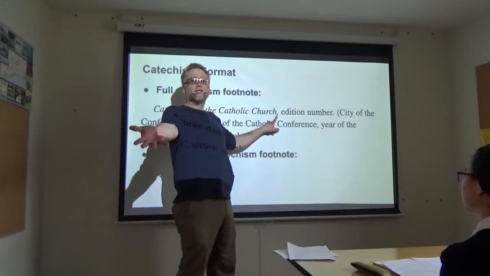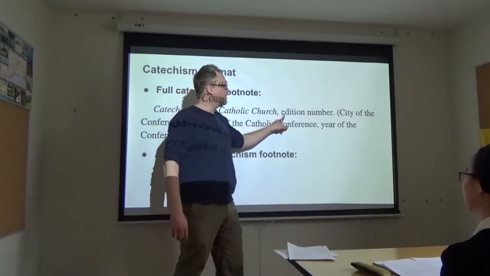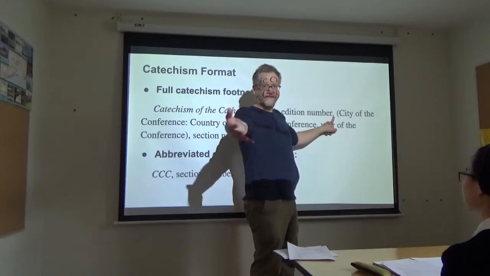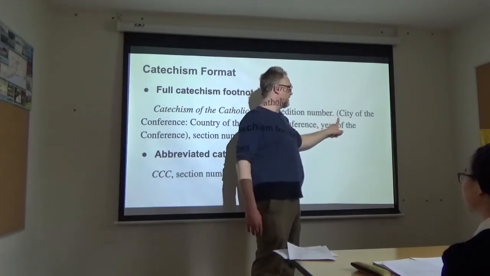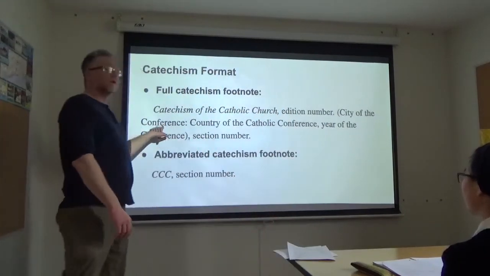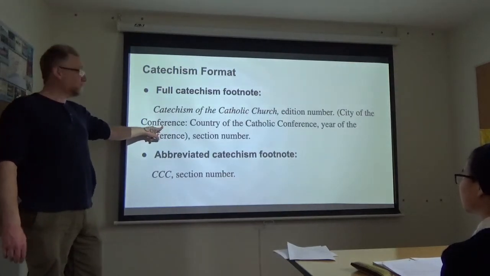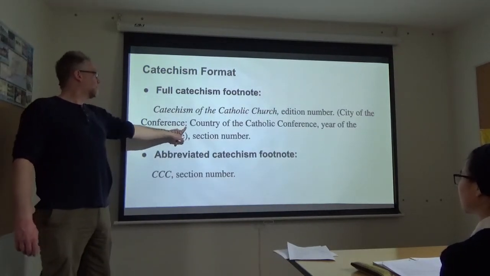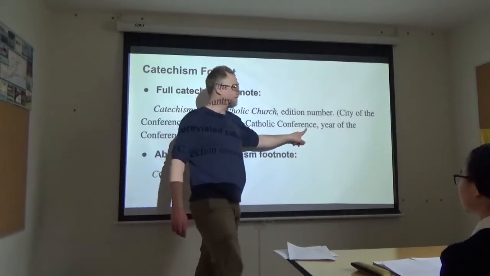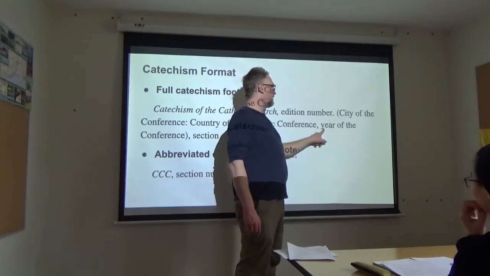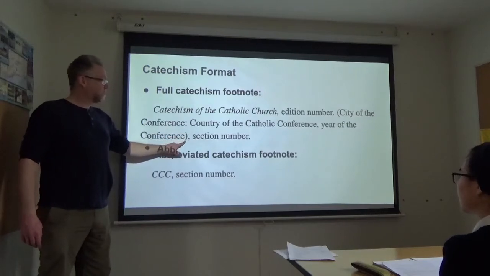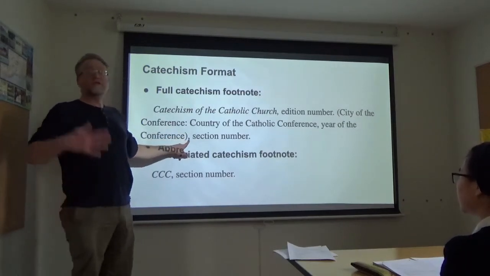Then a comma, then the edition number, then a period. Then a space, open parenthesis, and the city of the conference, then a colon, then the country of the conference, then a comma, then the year of the conference, and close parenthesis.